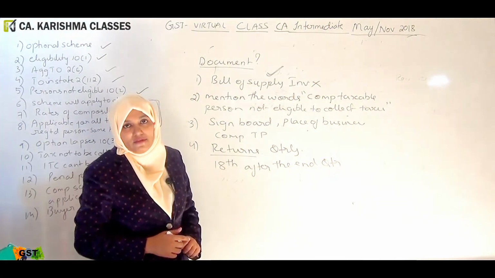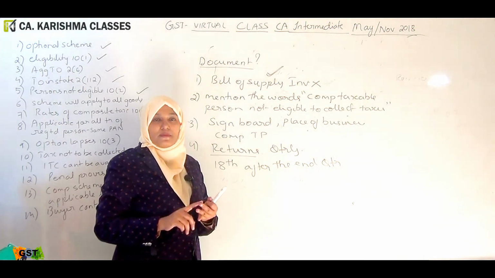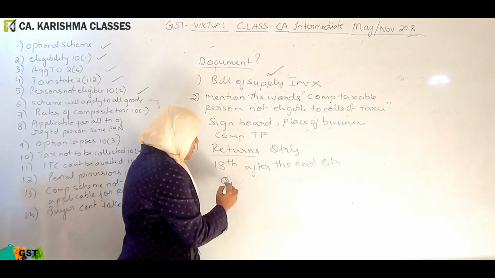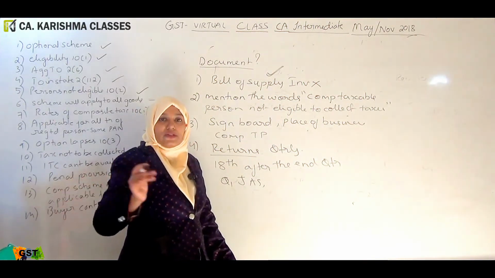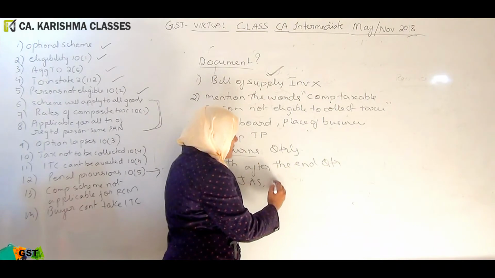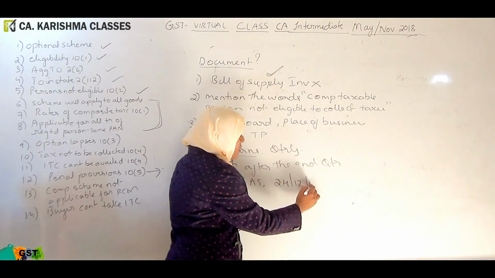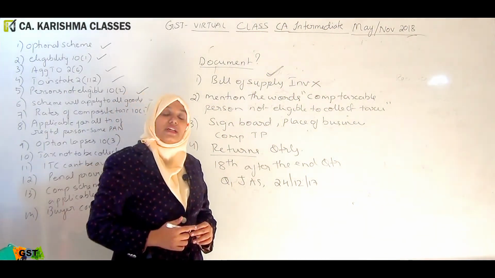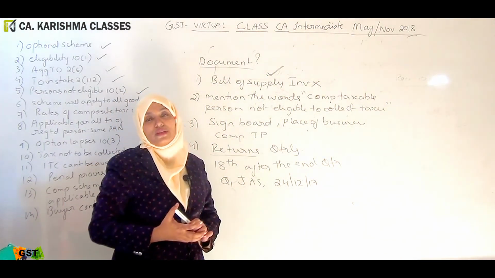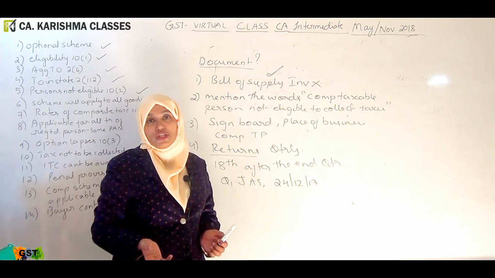But you won't believe, for the first quarter, July, August, September, as per the latest news, they have extended the time up to 24th December to file the returns. For that first quarter, they have extended time up to 24th December because it's the first year, nobody is ready for GST.